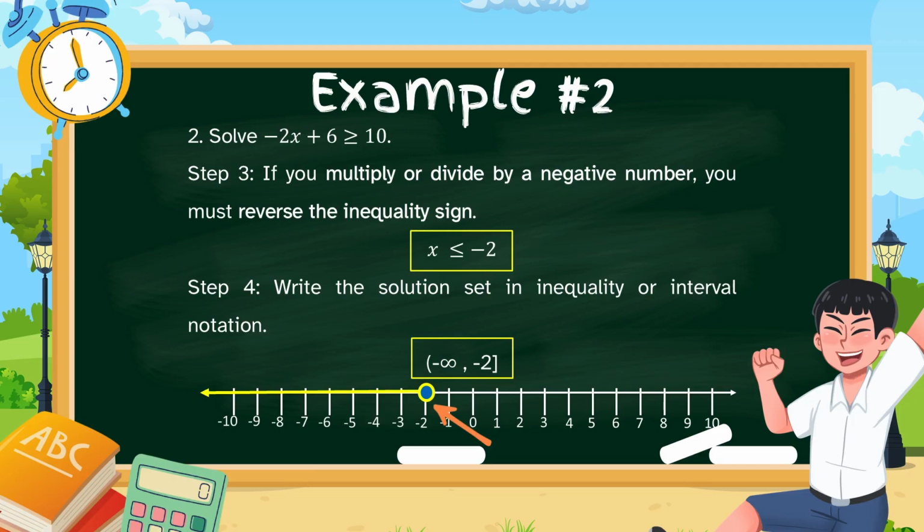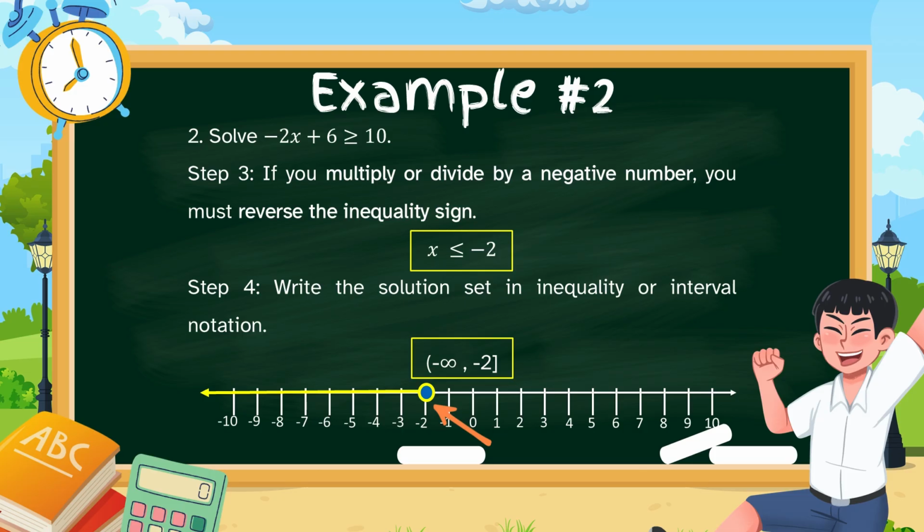The line is shaded to the left, going towards the smaller numbers, stretching indefinitely to negative infinity. In interval notation, we write this as negative infinity, -2. The parenthesis is always used next to negative infinity. The square bracket is used next to -2 because -2 is included in the set. So, the complete solution to -2x plus 6 is greater than or equal to 10 is x is less than or equal to -2, or the interval negative infinity, -2.